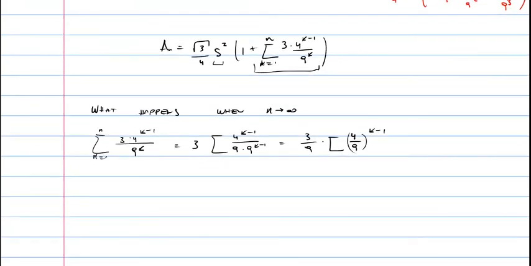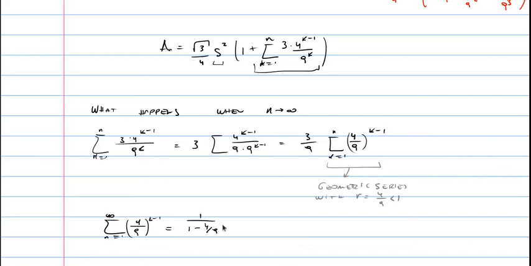And then, as the sum started from k equals 1, we have a geometric series with ratio equal to 4 over 9, which is smaller than 1. And so we know that the sum from k equals 1 up to infinity of (4 over 9) to the k minus 1 is equal to 1 over 1 minus 4 over 9.